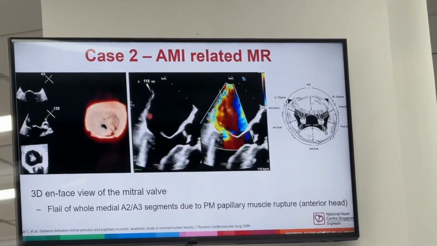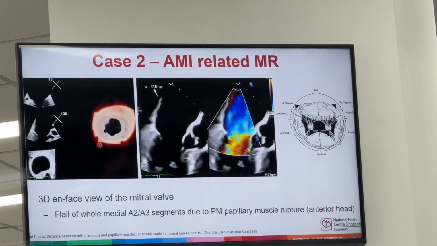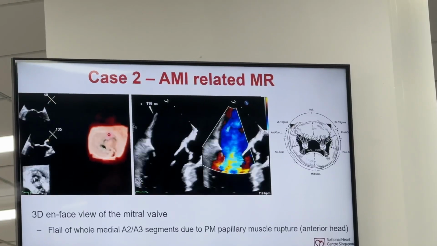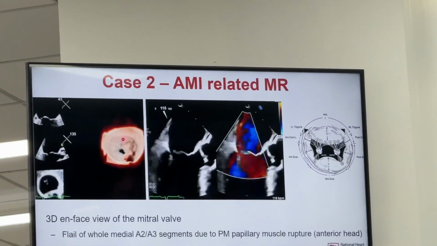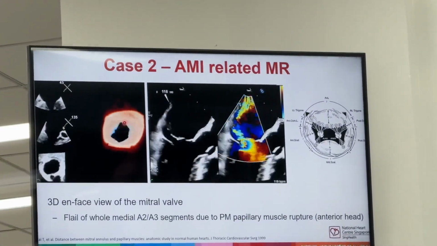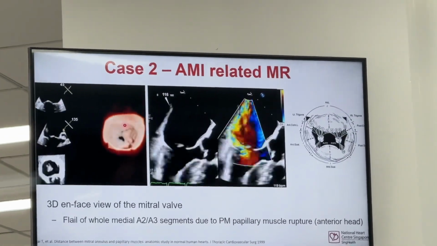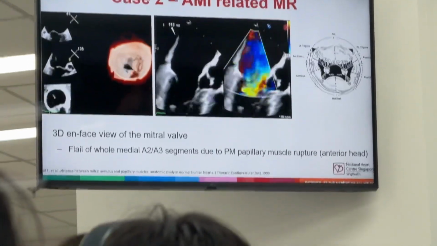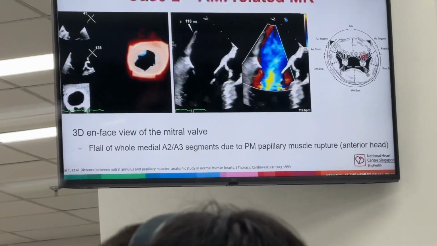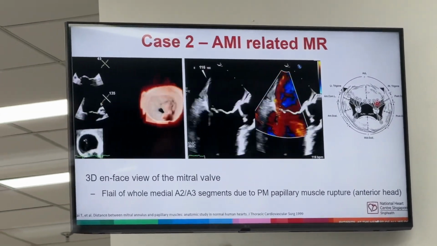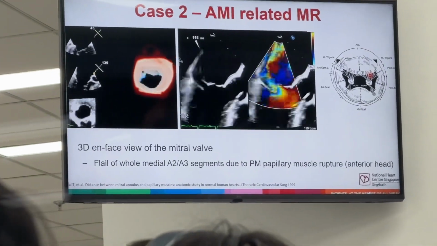With three-dimensional echo, we can see very clearly that the whole medial segment of the anterior mitral leaflet, both A2 and A3, is prolapsed and flail, resulting in severe mitral regurgitation. This is a very nice diagram of the structure of the mitral valve and the attachment of the chordae to the papillary muscle.